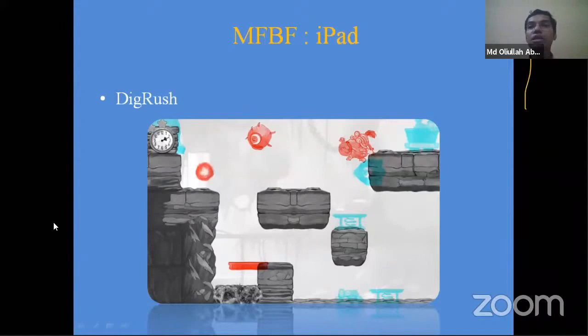Now, all this, you play with contrast, you try to engage the patient more and more so that you can yield better visual acuity. Now, given all of these tools which are available on the App Store or Play Store, Digrash has much superior results, not because of the iPad game, but because of the compliance to the protocol.